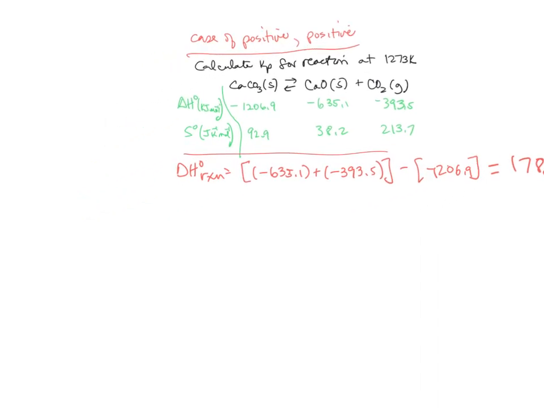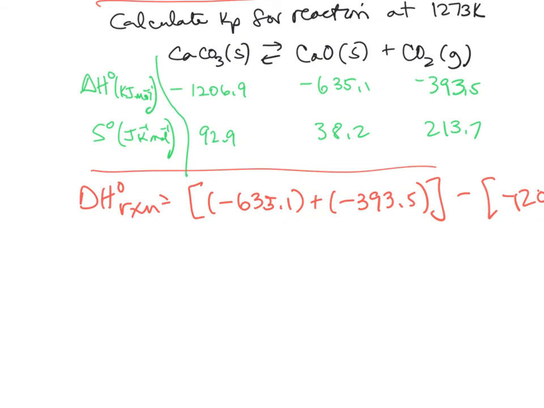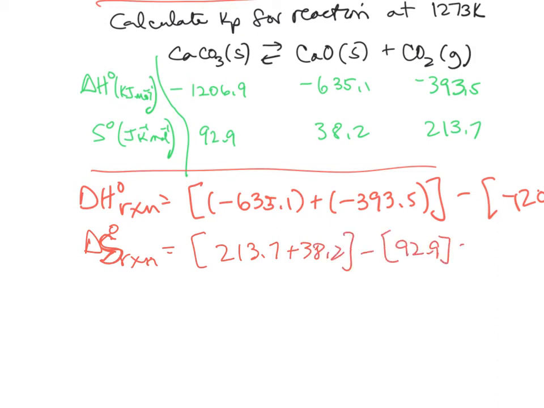All right, then delta S for the reaction equals, let's see, you got 213.7 plus 38.2 minus 92.9.